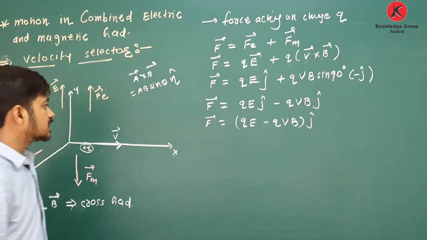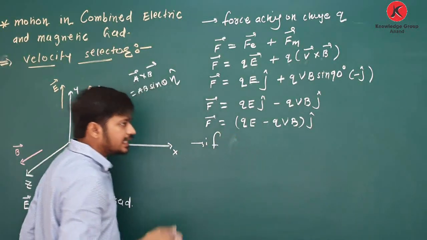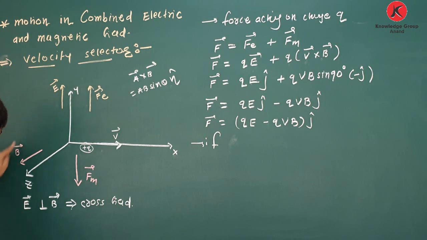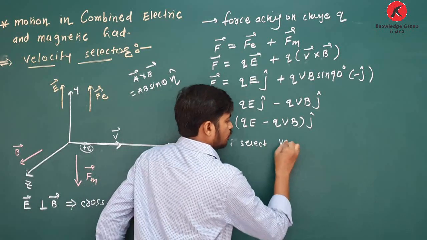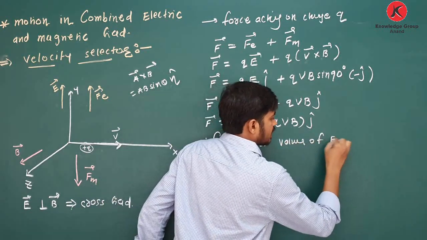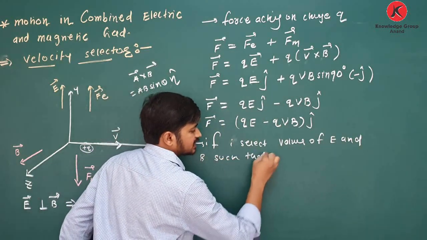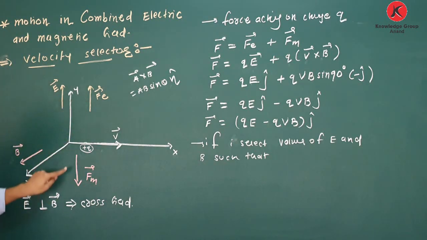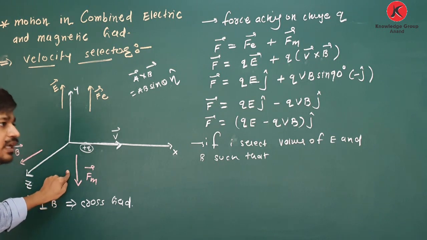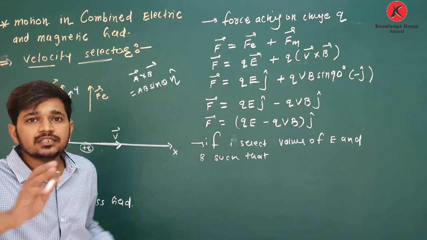Now if I select values of electric field and magnetic field such that force due to electric field and force due to magnetic field become equal in value, so resultant force will become zero.